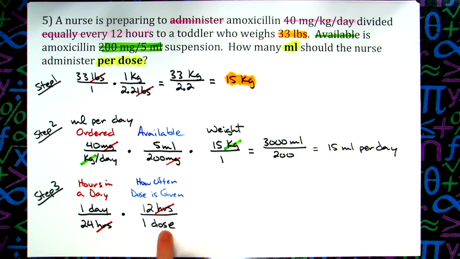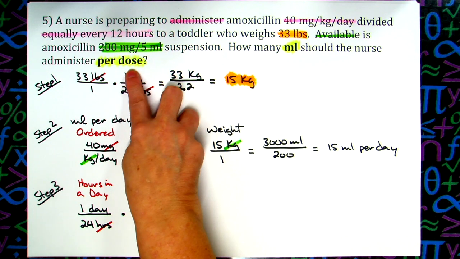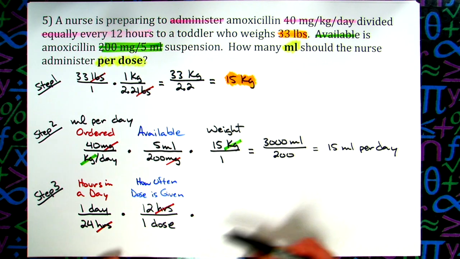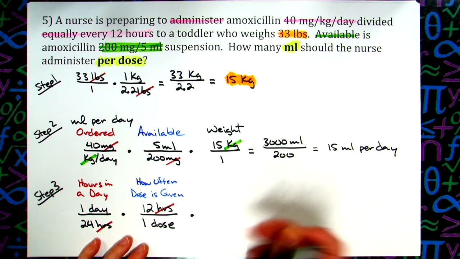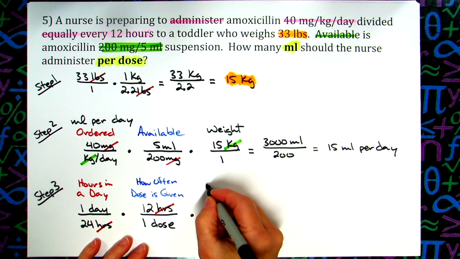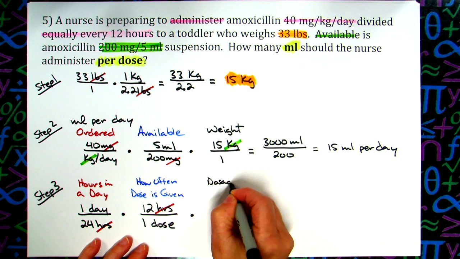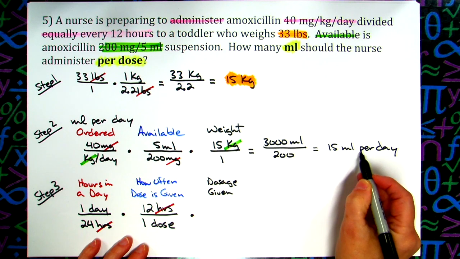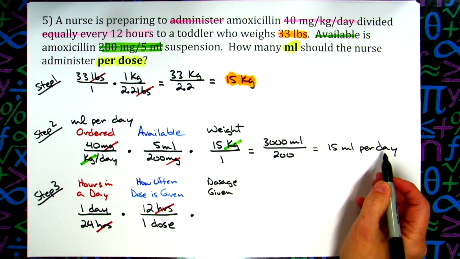All right, I want to know milliliters per dose. So then that means I'm going to have to multiply again. This time I'm going to multiply by the dosage that is given. So let's label this dosage given, and it's 15 milliliters per day. All right, well, the thing that I need to cross out is the per day part.